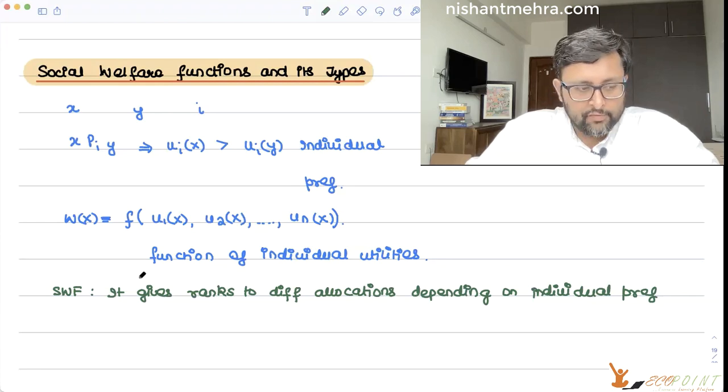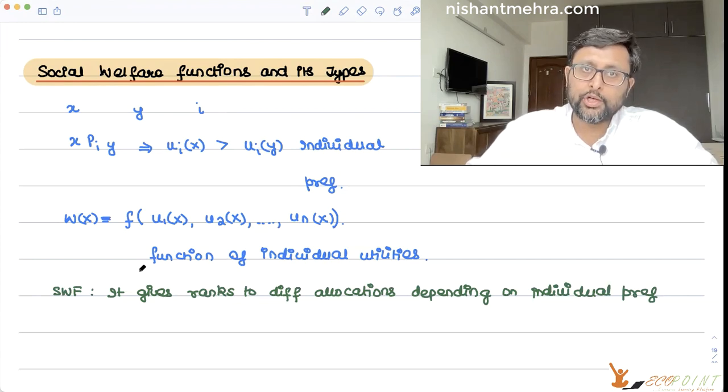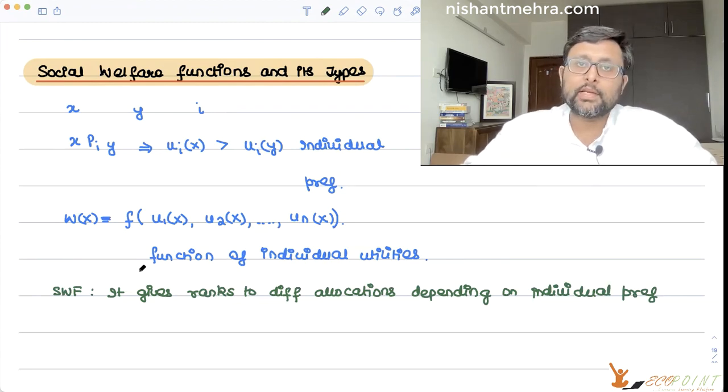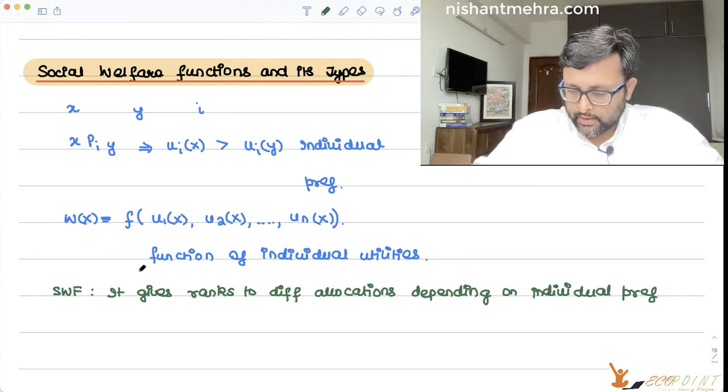So if the social utility from consuming allocation X is more than the social utility from consuming allocation Y, then society prefers X to Y, right?